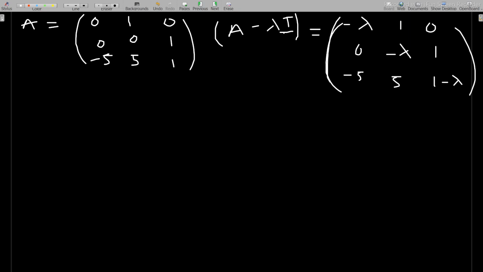In the previous lesson I gave a formula for a 2 by 2, which was squared.